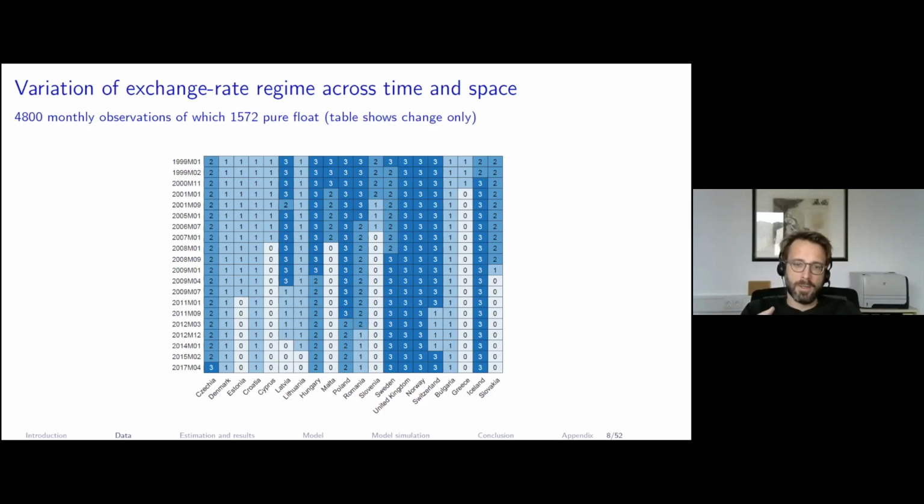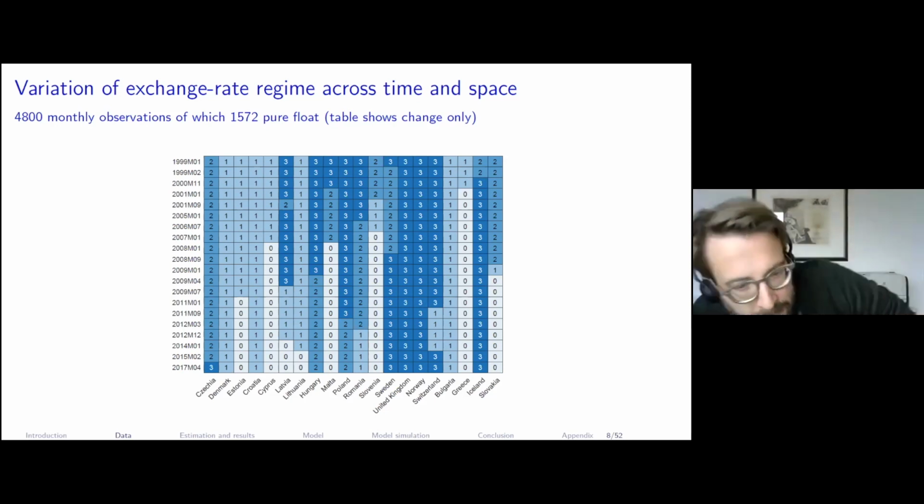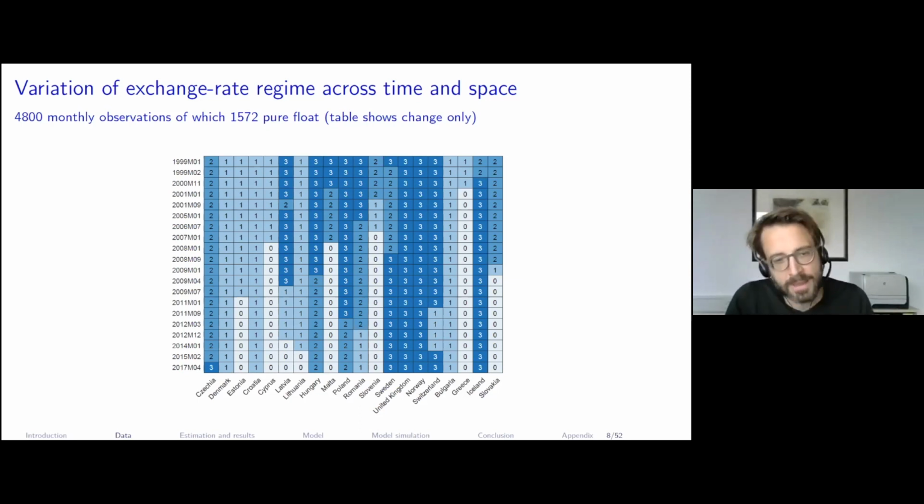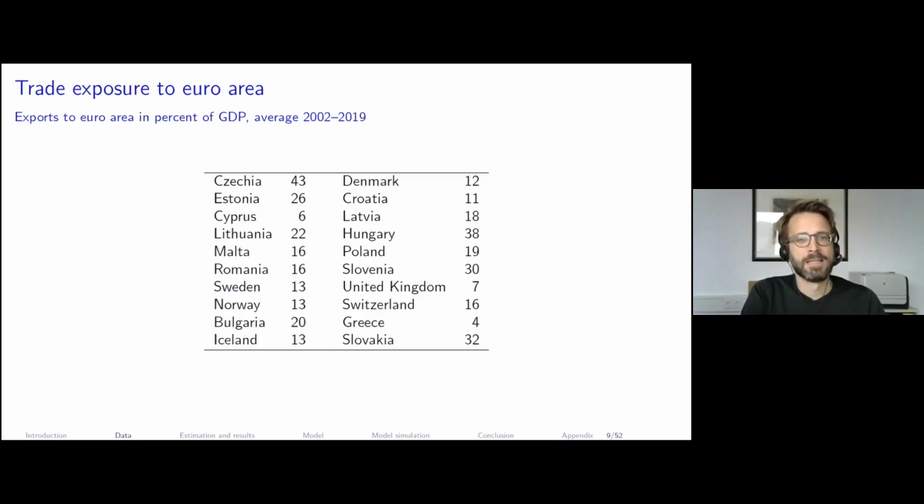Then you have, say, Poland in the early part of the sample, Hungary or Latvia. And since 2017, for instance, Czech Republic. I don't know whether you're aware, but 4 years ago, the Czech Central Bank declared that the exchange rate would no longer feature in the monetary policy decisions. So this gives you a sense of variation.